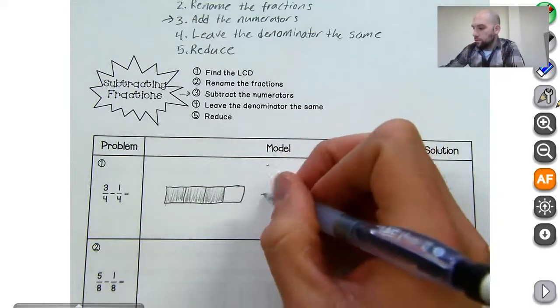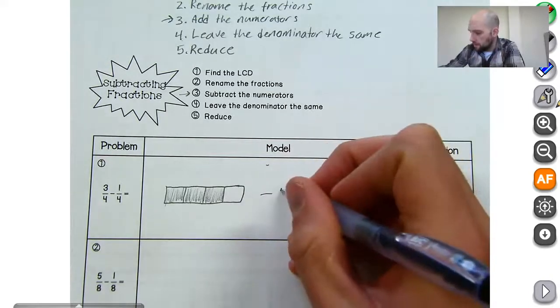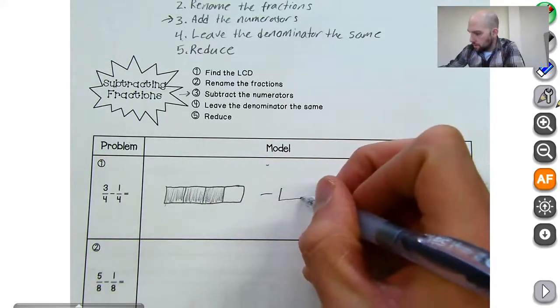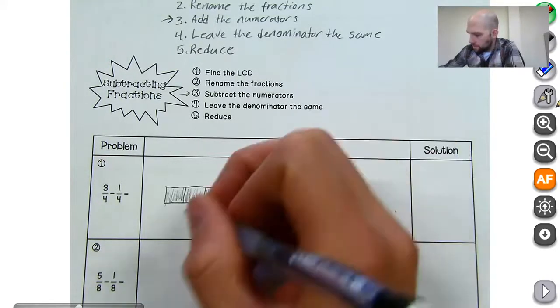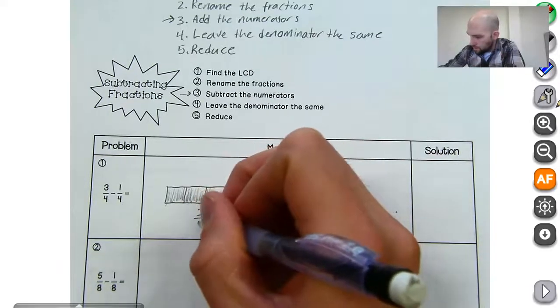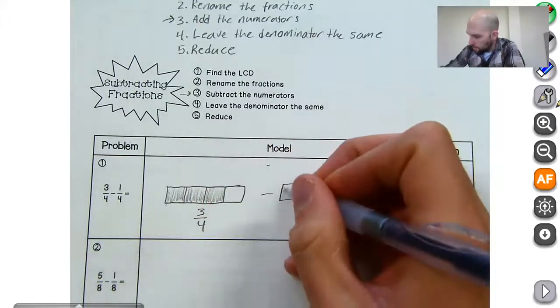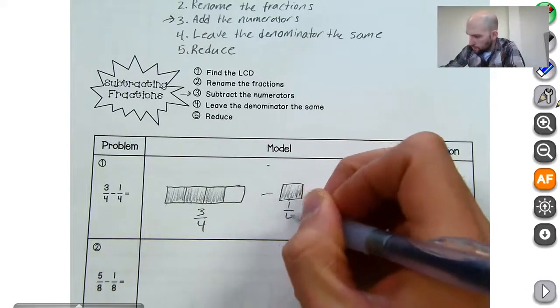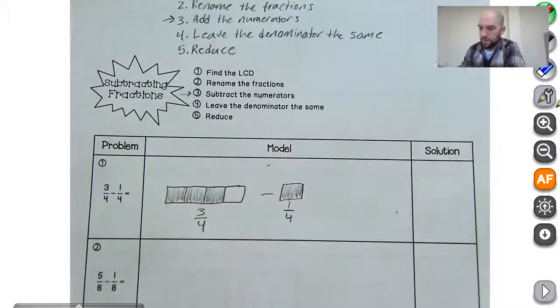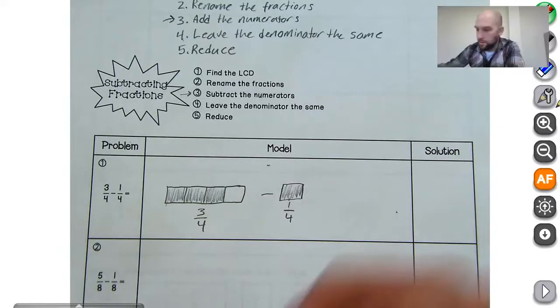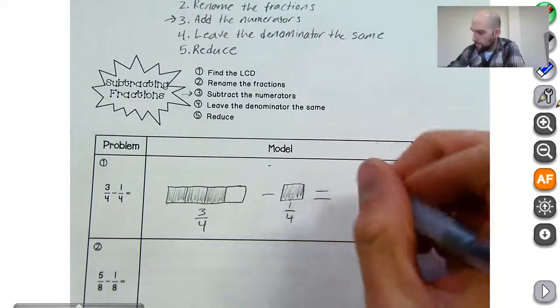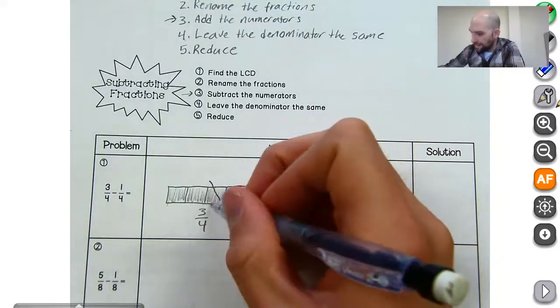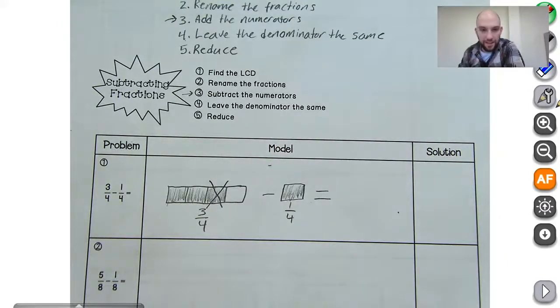And then we're going to subtract 1/4. So we're just subtracting one of these shaded pieces. And I'm just going to put an X through this because we're subtracting it.